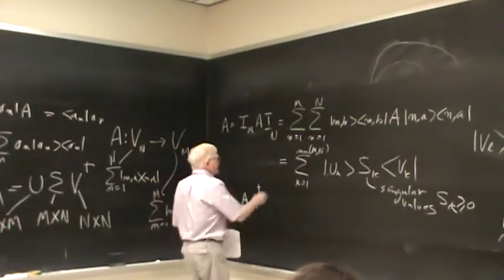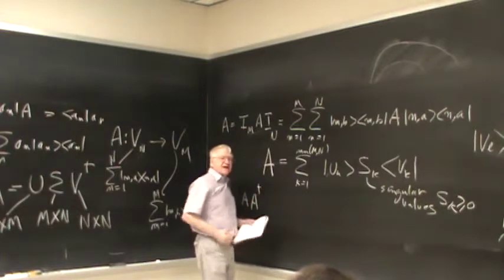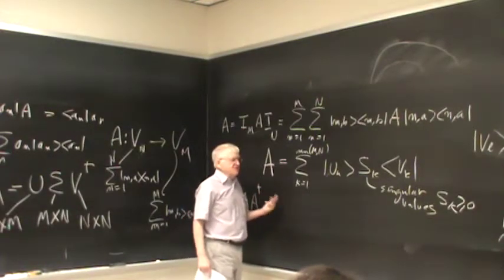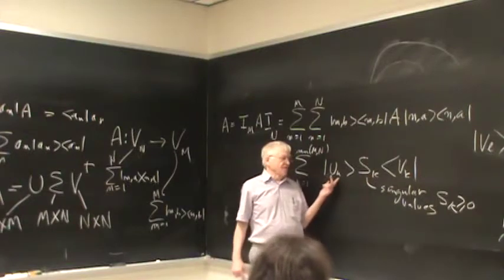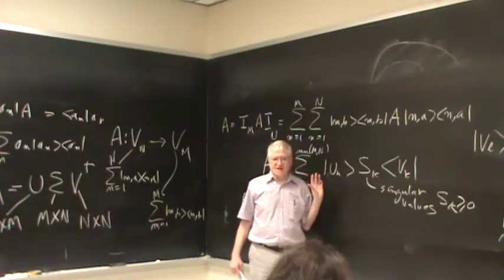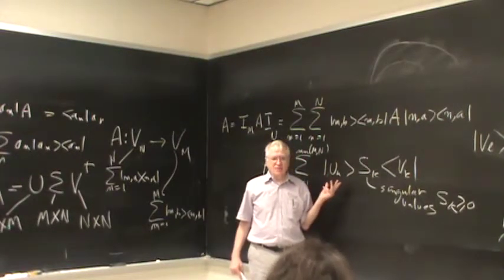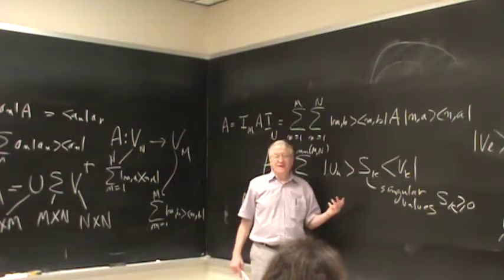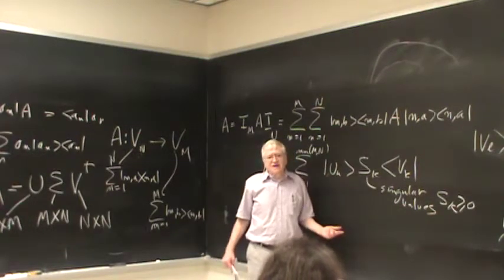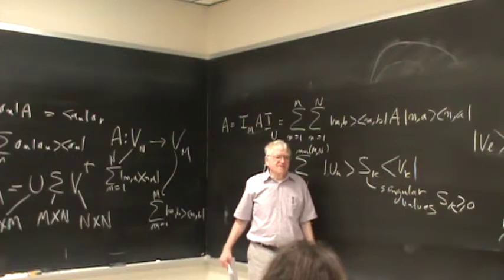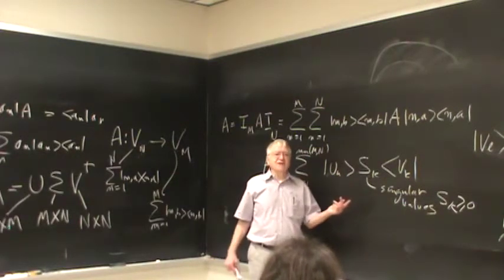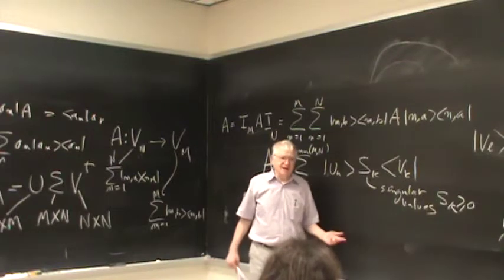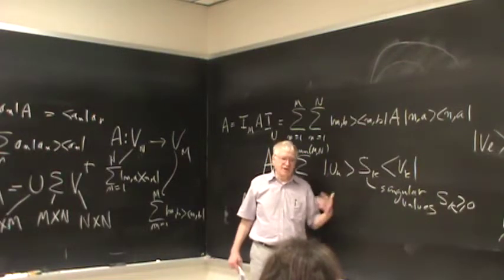I think it's really remarkable that you can take any n by n arbitrary matrix and write it as a sum of positive numbers together with orthonormal vectors on both sides. That's pretty remarkable. And once you do that, you're essentially done. In a certain sense, the singular value decomposition is almost all of linear algebra wrapped up into one equation.